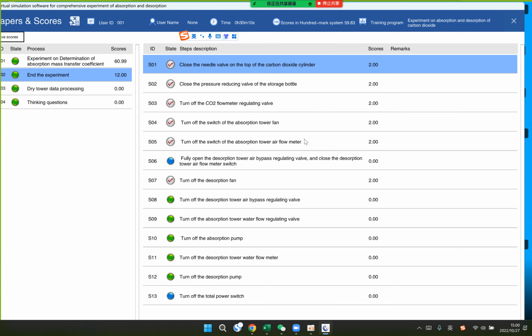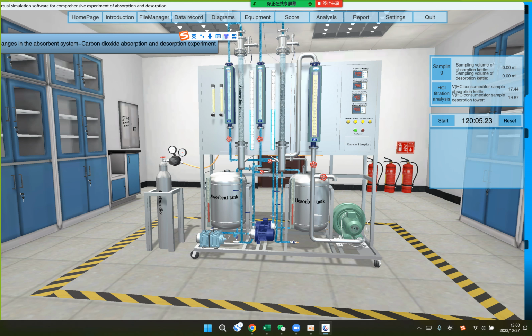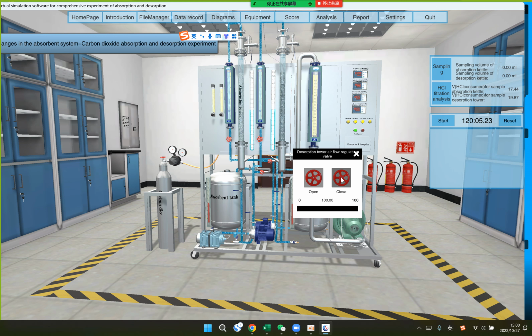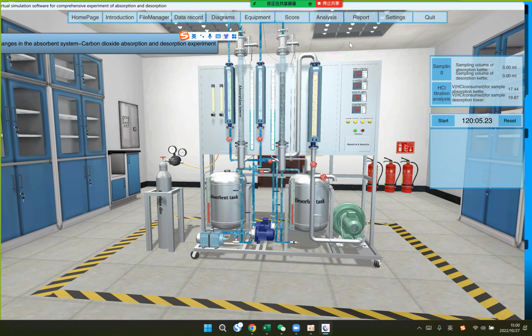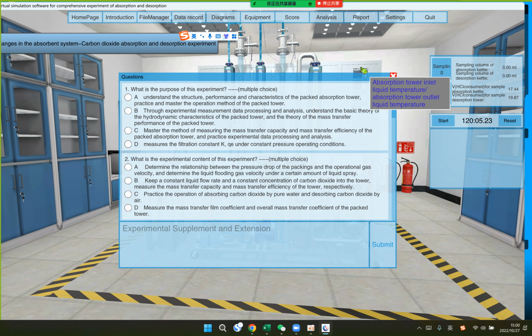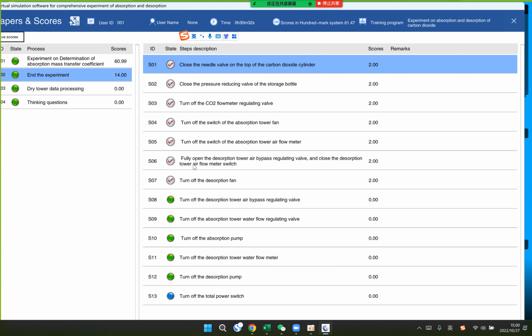Fully open the air bypass regulation valve and close the... Oh, I didn't close this one. I'm sorry, I have to close it earlier. Because I didn't do it correctly, maybe it will still give me a full score. Okay, turn off this option bypass.